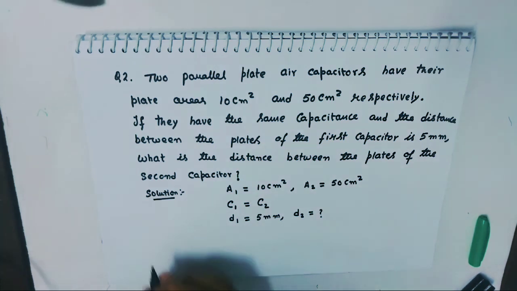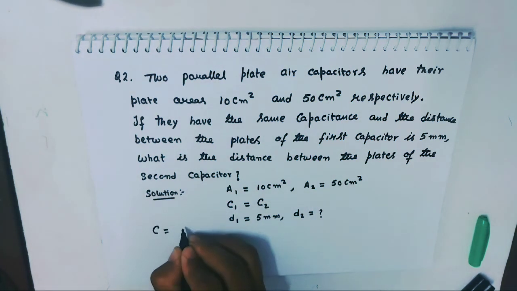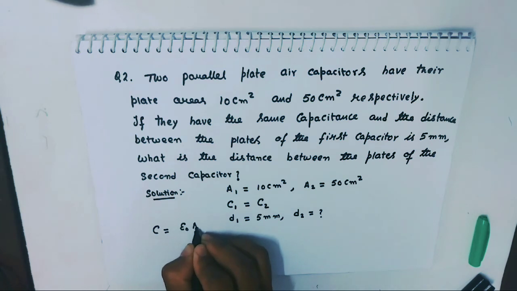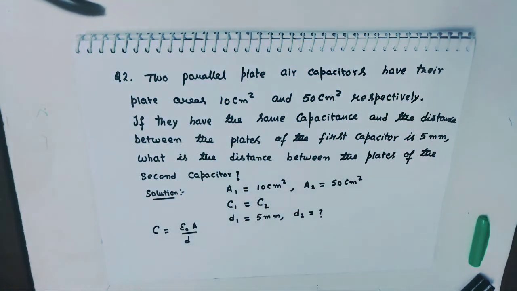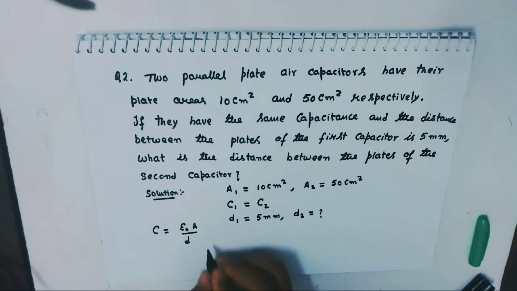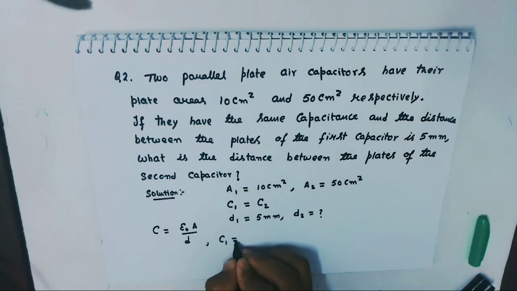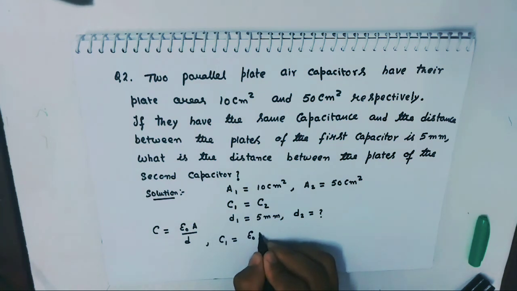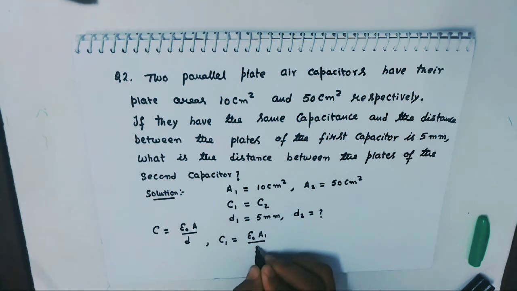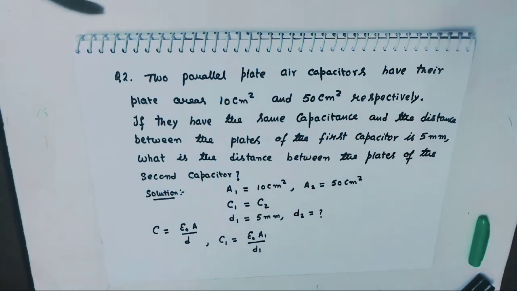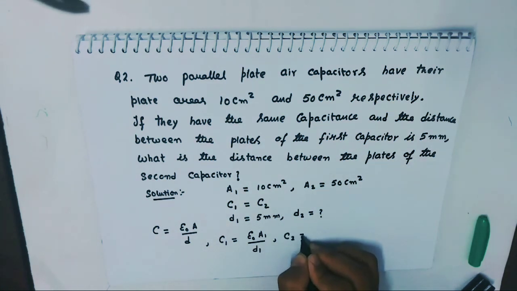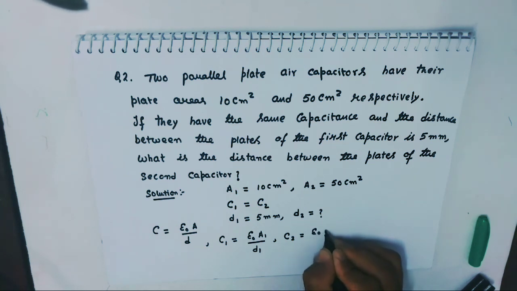So we know that C is equal to epsilon naught A divided by D. So therefore, C1 is epsilon naught A1 divided by D1, and C2 is epsilon naught A2 divided by D2.